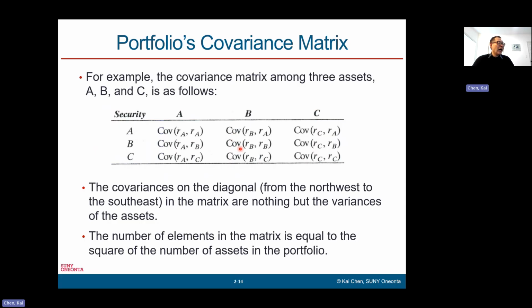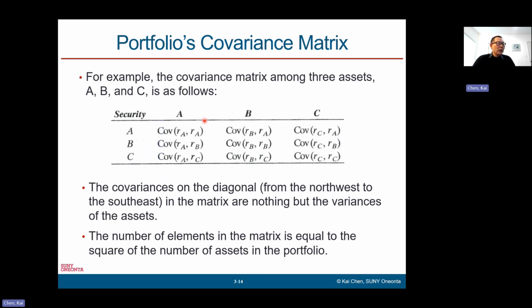For example, let's look at one element on this diagonal, column B and row B. This element shows the covariance between asset B and asset B. We already know the covariance between asset B and asset B is nothing but the variance of asset B. So we can conclude that on the diagonal of a covariance matrix, the elements show the variance of assets in the portfolio. That is the first important characteristic.